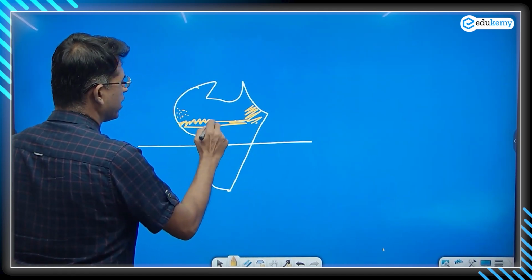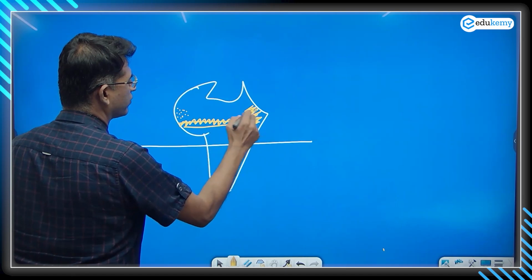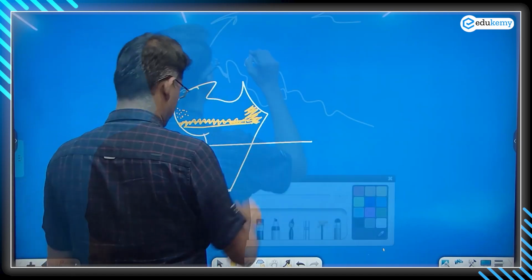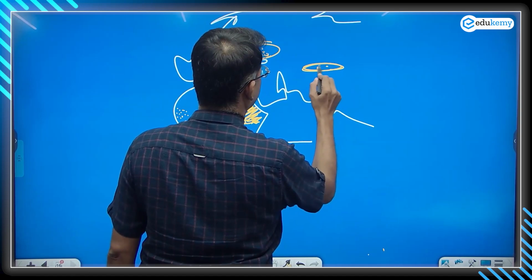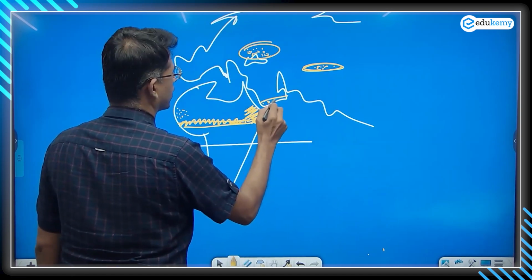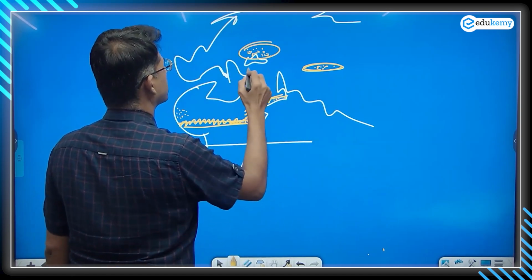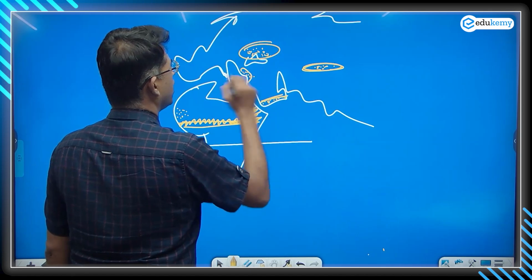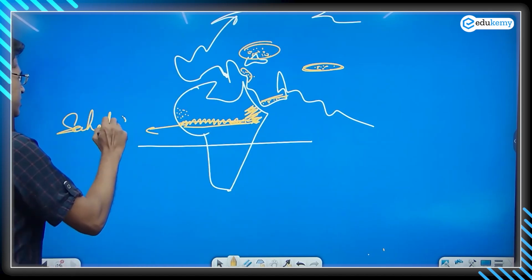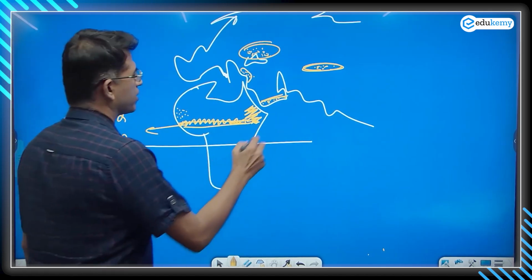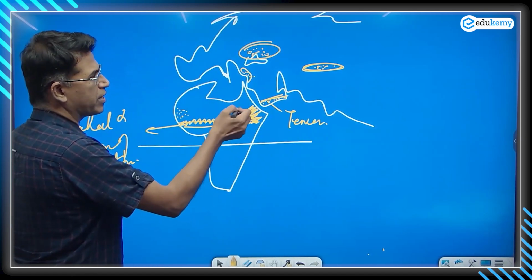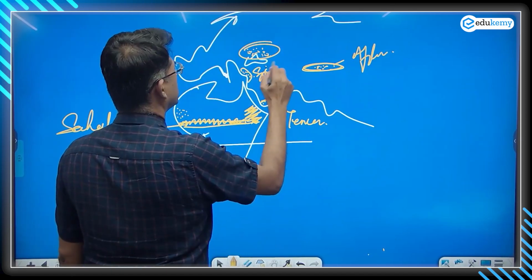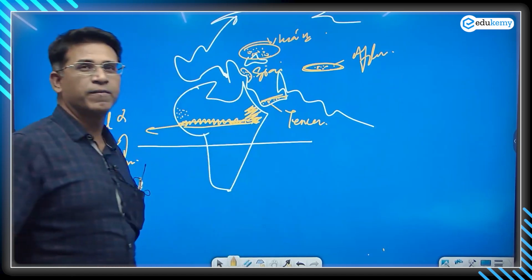This is the main hunger belt of Africa, and this part because of conflicts, this part again conflicts, this part again Yemen conflicts, this is Syria. Show this sketch please. Sahel and Horn of Africa, this is Yemen, here Eritrea, Ethiopia and the rest, Afghanistan, Syria, Ukraine.